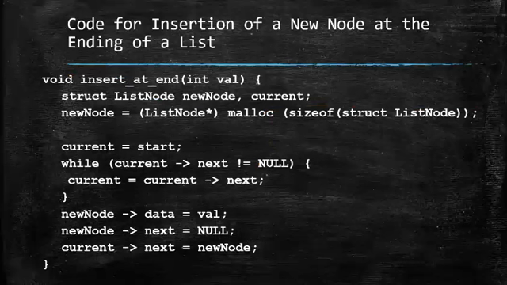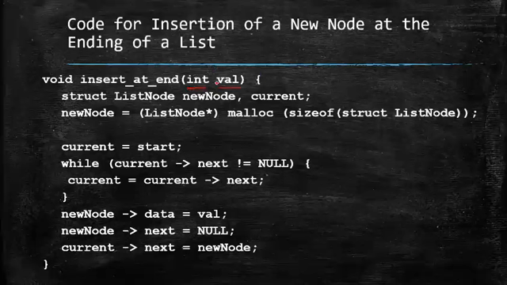Let us see that whole code put together in a single place called a function, and we are calling this function insert at end, and this function is receiving a parameter called value of type integer.